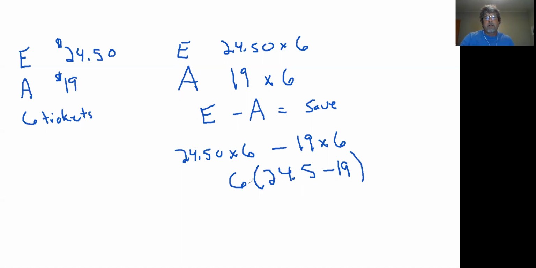So if I pull that 6 out, notice the distributive property says I still got to multiply both of those by 6. So what they're actually doing is they're actually determining how much you save per ticket, and then you're multiplying it by 6. So this actually represents the savings per ticket, and then you multiply by 6 to get the total savings. So that's the expression they would want, is the 6, open parenthesis, then you'd put the 24.50 inside there, minus the 19, and then the close parenthesis. That's what they would actually be looking for on that.